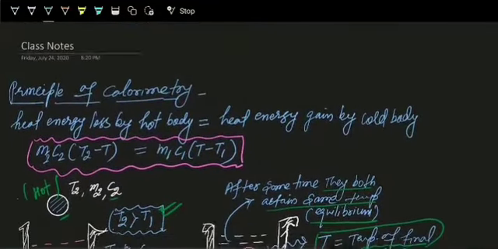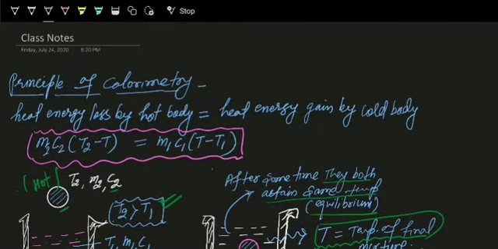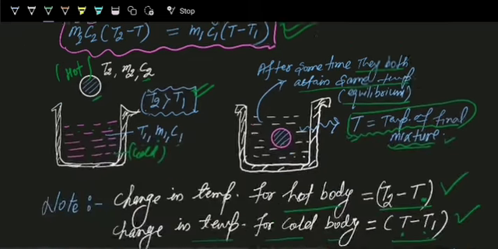So when I put all these values in the formula, we get M2C2(T2 minus T) is equal to M1C1(T minus T1).